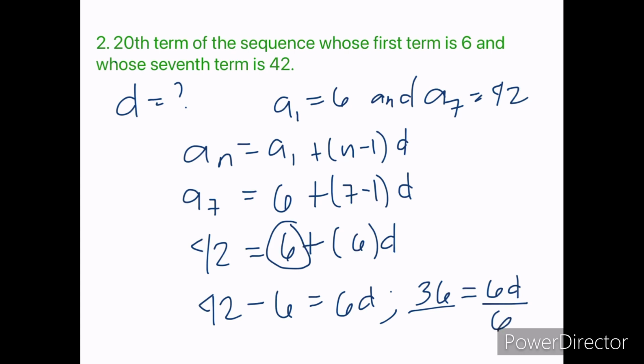Divide both sides by 6 so that we solve the value of our d. So our d is equal to 36 divided by 6, which is 6.